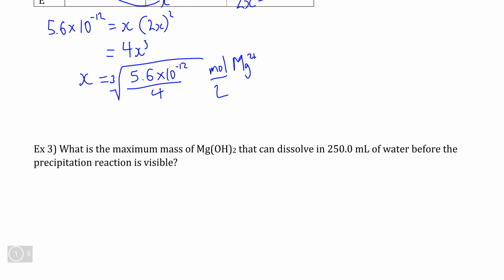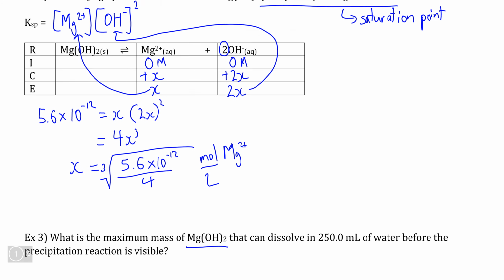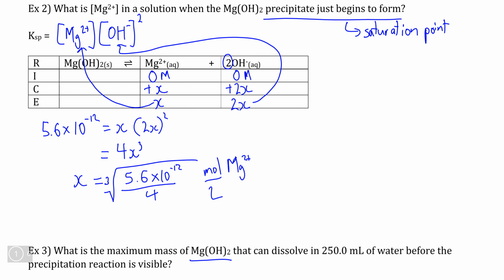So after we find what the ion concentration of Mg2+ is at equilibrium, here the question is asking what is the maximum amount of Mg(OH)2 that can dissolve in 250 milliliters of solution. Now here, you would think that we would need to go back and calculate what the molar solubility is in order to do this, but we actually already know it.